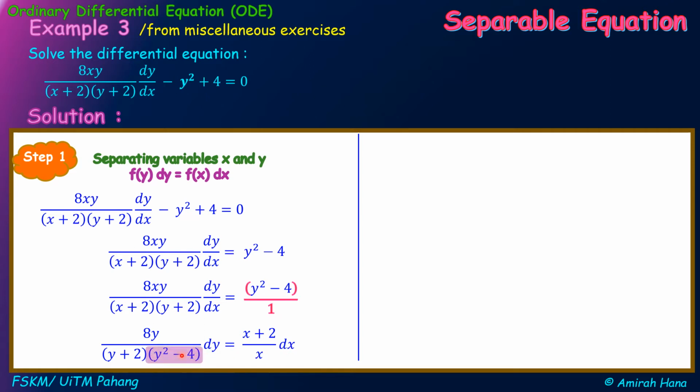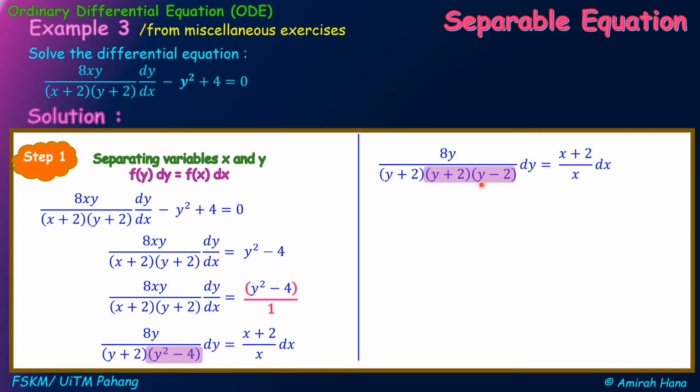But if we notice that this quadratic is reducible, we can factorize it first. From y squared minus 4, we can write y plus 2 times y minus 2.